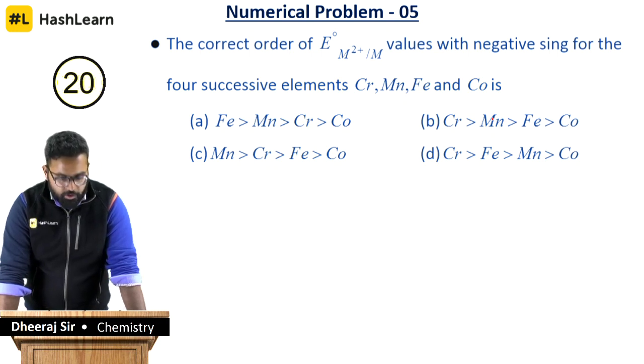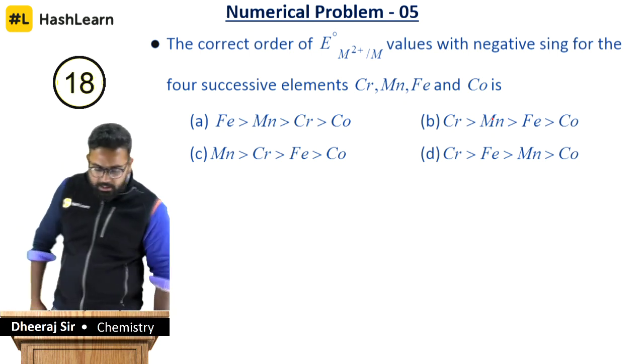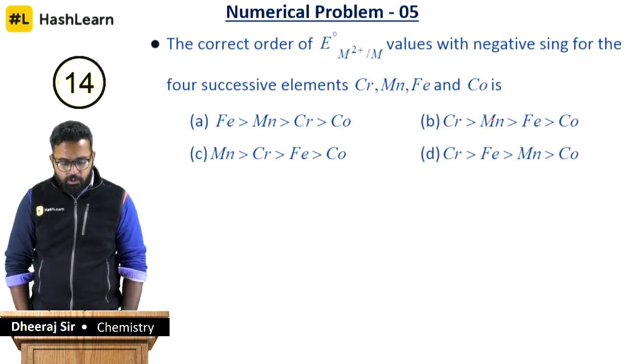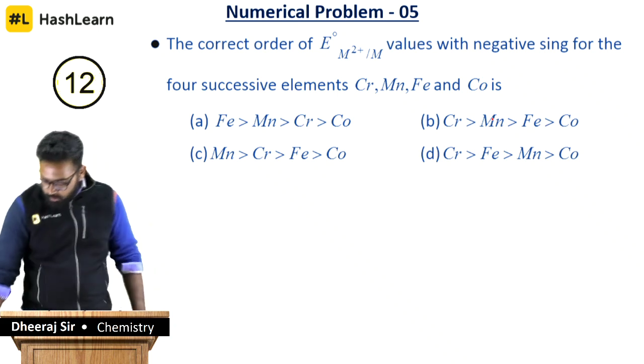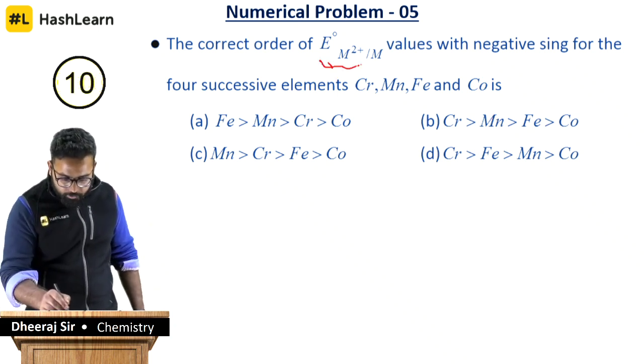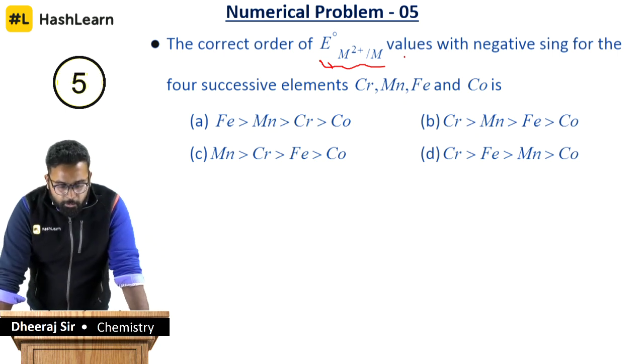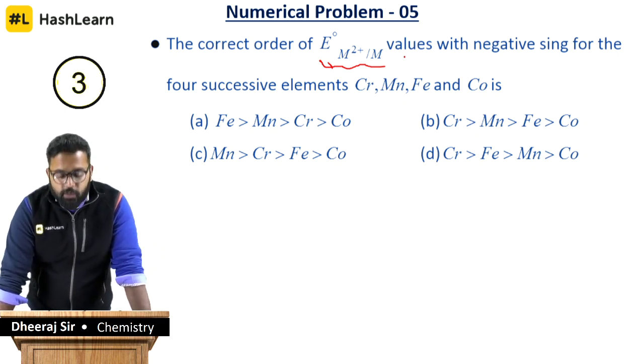So look at this fifth question quickly, guys. The correct order of standard electrode potential. So M2+ is converting into M, which means we are worried about standard reduction potential.